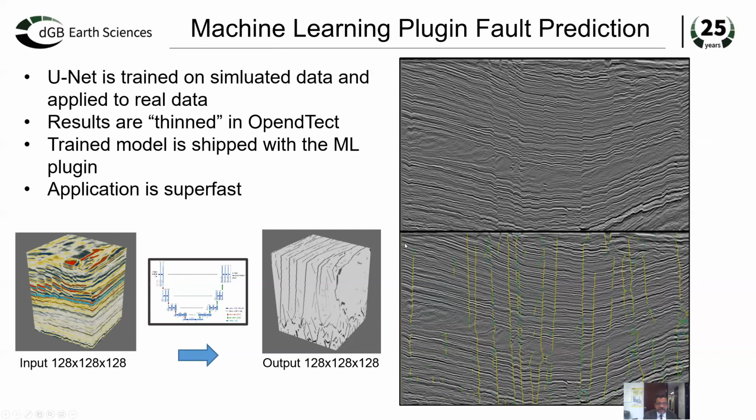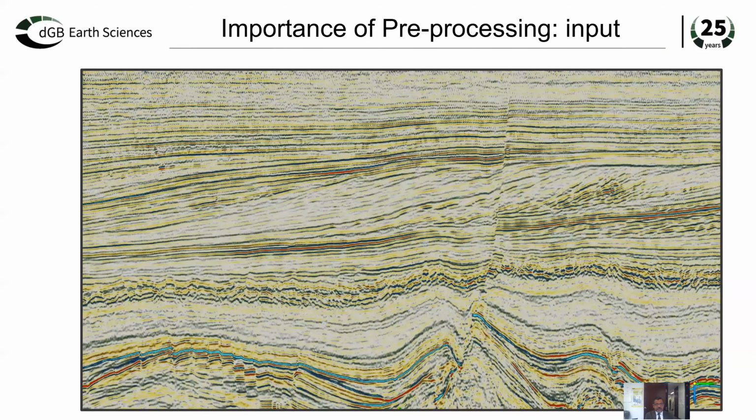What we see as a result, when you run this pre-trained neural network, is that you right away pick up most of the faults. Of course, there is some preconditioning involved with the seismic data in order to enhance the faults. And that's what I'm going to show you, the image processing as an input.